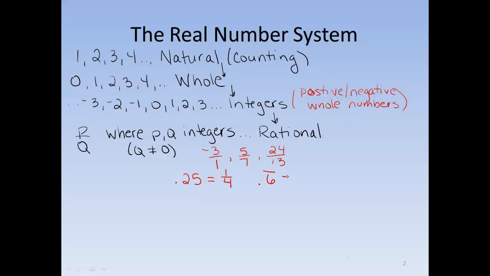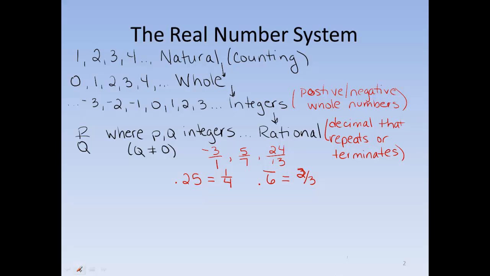The decimal 0.6 repeating is the fraction 2/3, so I can write that as a rational number. So when it comes to decimals, a rational number is a decimal that either repeats, like the 0.6 repeats, or terminates. Terminate means it's going to end.